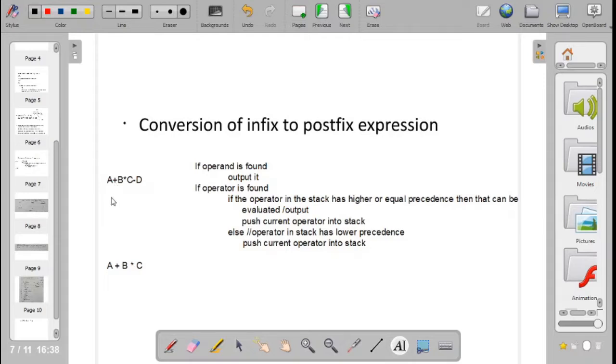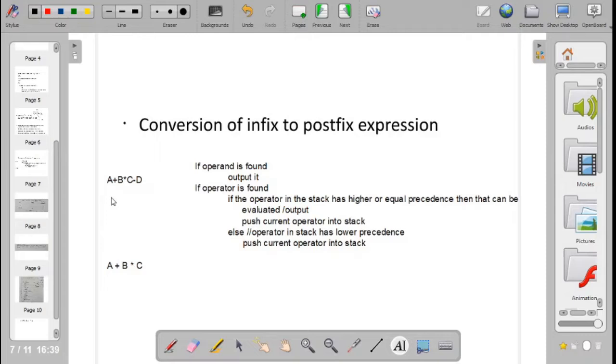We've already seen, when we were discussing infix, prefix, and postfix expressions, that when we consider these three notations, the relative order of the operands does not change.